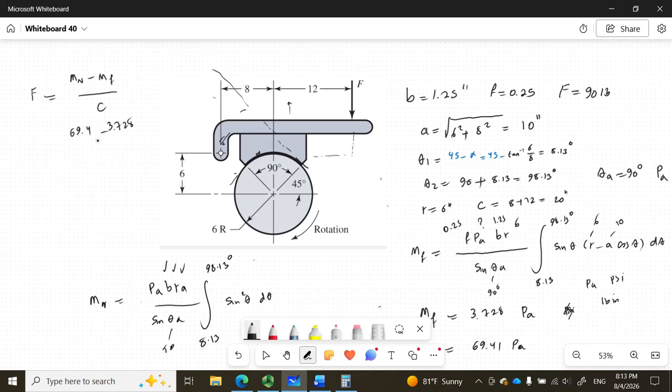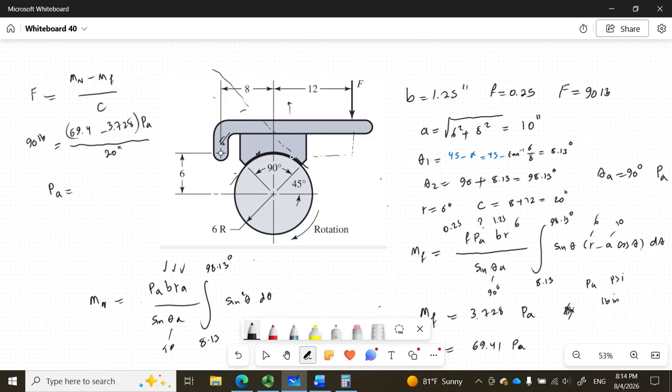The other one was times PA2. So I have this PA here, divided by C, I already figured C was 20 inches. Then actuating force, we know it was 90 pounds. So from here, you guys are gonna find PA.